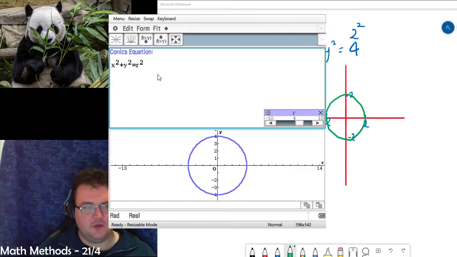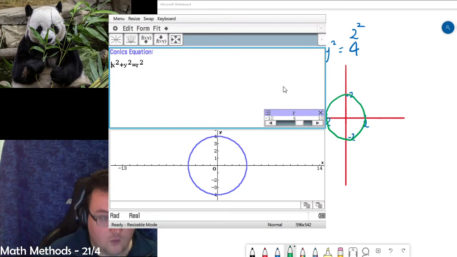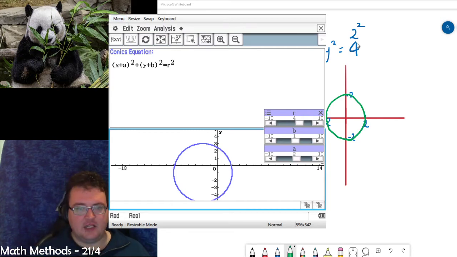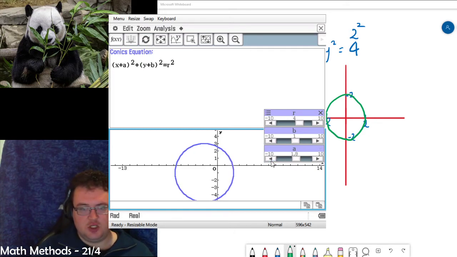So what we can do is go to our conics and do this. We can add some extra variables into our equation, and we can use this to move where the center is.